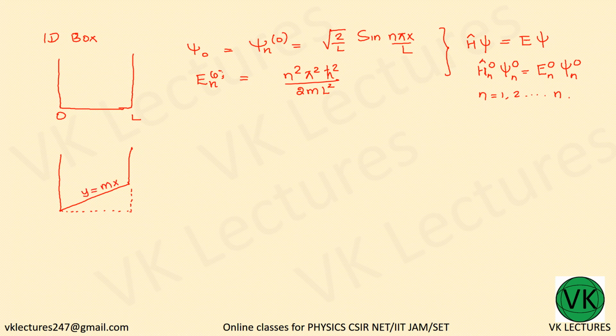So this is y, this starts from 0, this is L, this is y = mx, y is increasing with slope m, and this particular potential is V naught. Now this perturbation can be represented by the unperturbed state here, plus there is a small state over here which is this.